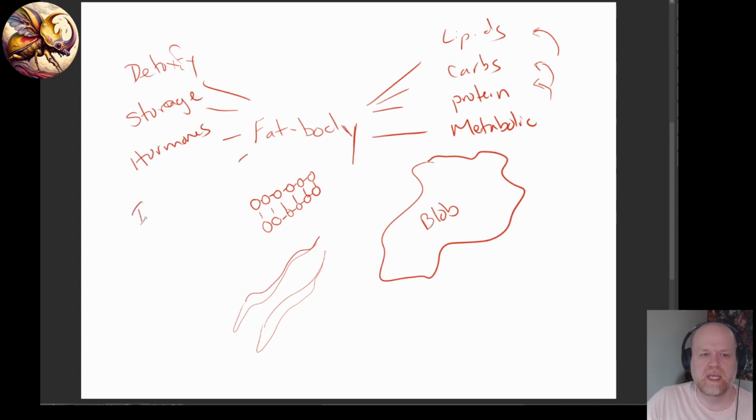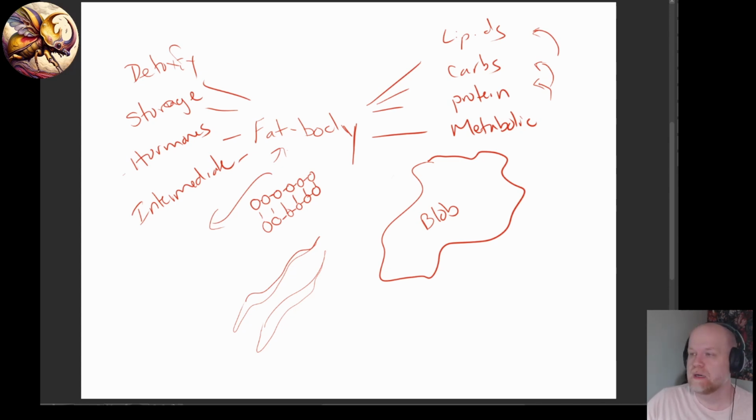It is an intermediate. And by that, I mean frequently other organs will secrete proteins or hormones or enzymes and send them to the fat body, and then the fat body will do something else to it and then re-secrete it into the blood. So it's kind of the intermediate glandular tissue in a lot of insects.